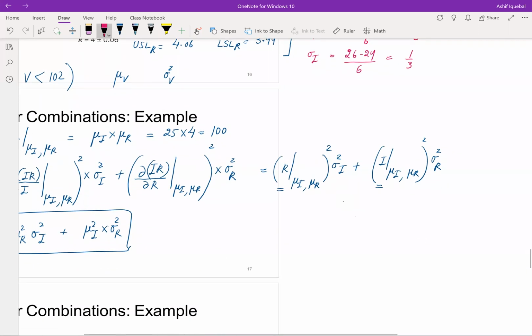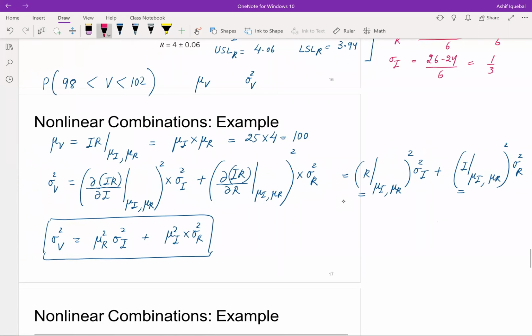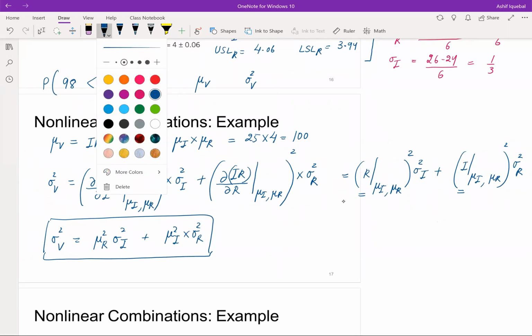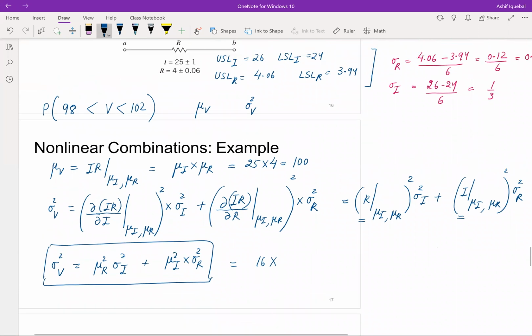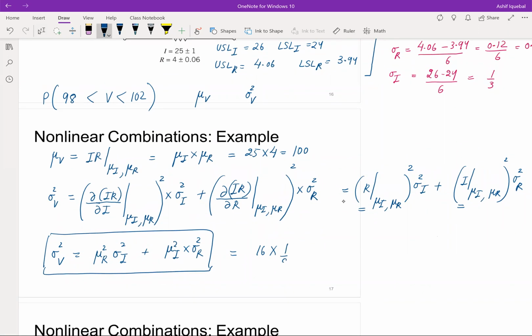We can plug these numbers here. Mu of R is equal to 4. So this is 4 square, which is, let's write down, 16 times sigma square I, which is 1 by 3 square, which is 1 by 9, plus mu of I is 25.